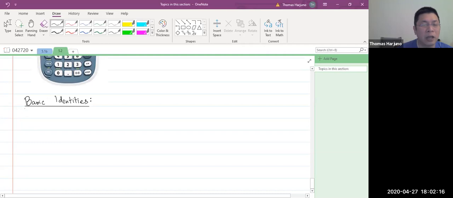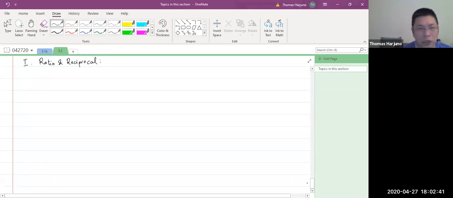I will break it into 3 groups for now. The first group, I will call that B1 later on, for basic identity. The first group is ratio and reciprocal identities, which we basically already saw by definition earlier.